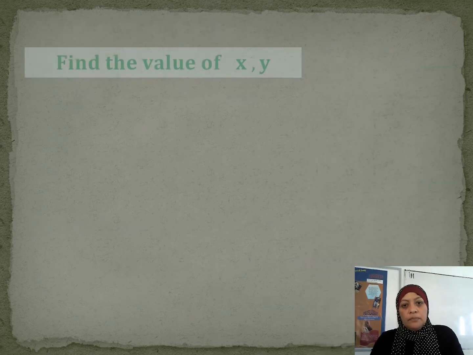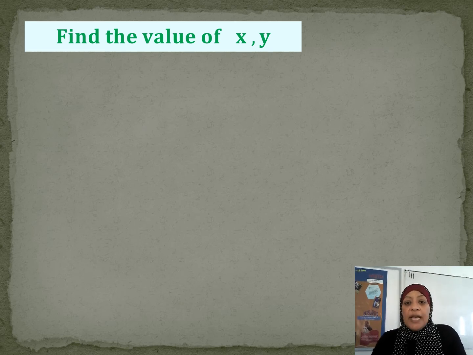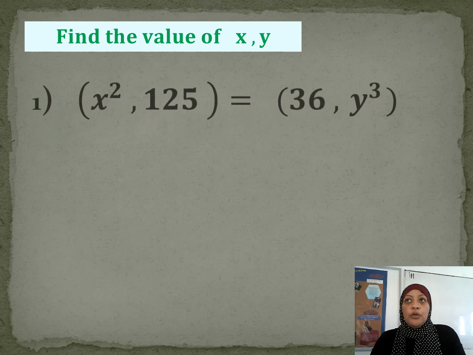Now, for example, you can stop this video, please, guys. It's the best for you. Stop the video and start to get the value of x and y using what you understand. After that, check your answer with me. You have two questions.